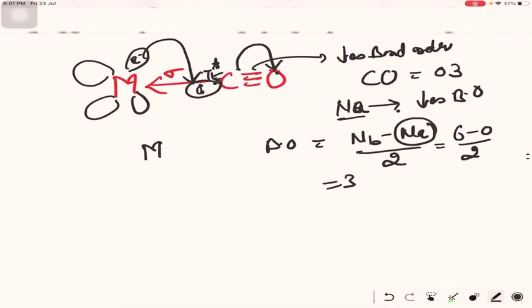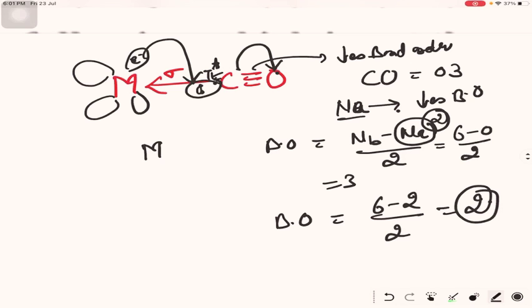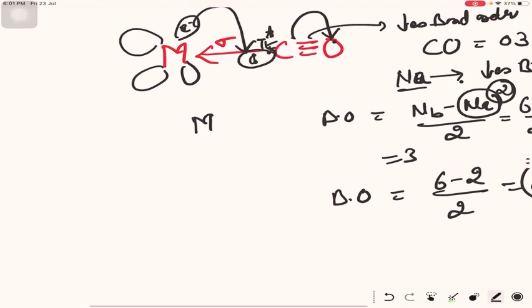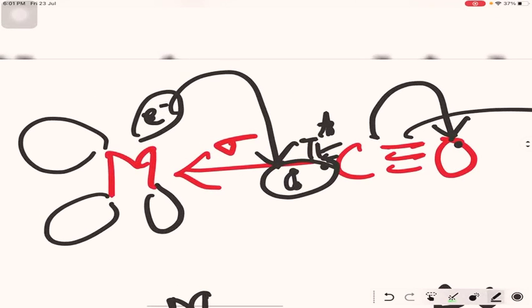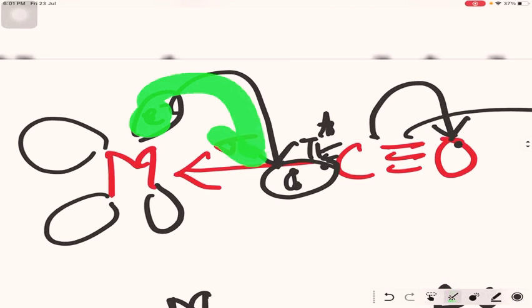If you add 2 electrons there, it becomes 6 minus 2 by 2, that is 2. So 1 pi bond will be reduced. We know that bond length and bond order have an inverse relation. So carbon triple bond carbon is shorter than carbon double bond.